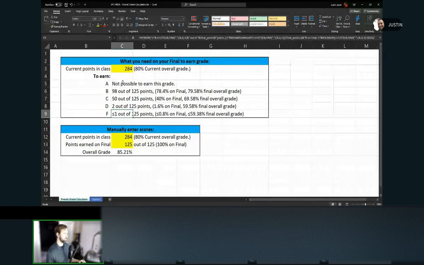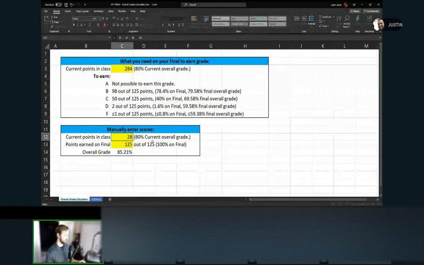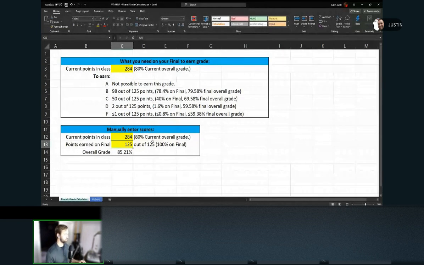So you can just play with these numbers, and then down here you can manually check your score. For example, if you got a 284, you have 80% in the class, and then you can mess with it: if I get 100 points, what do I get? If I get 75 out of 125, or if I get, I don't know, 1 out of 2. Yeah, see, a 2 out of 125 will get you to pass the course with a D.